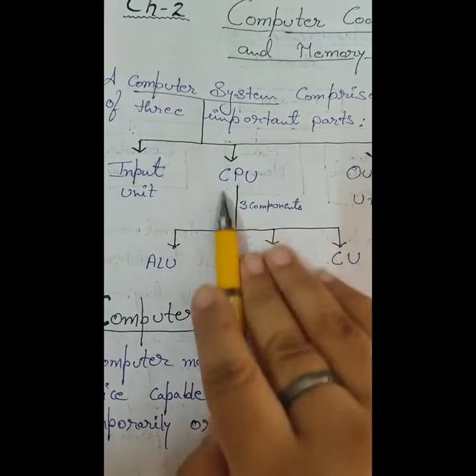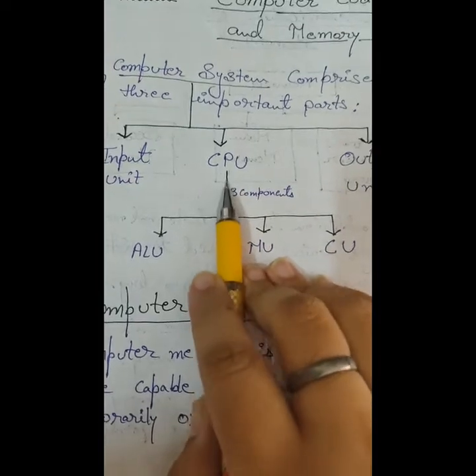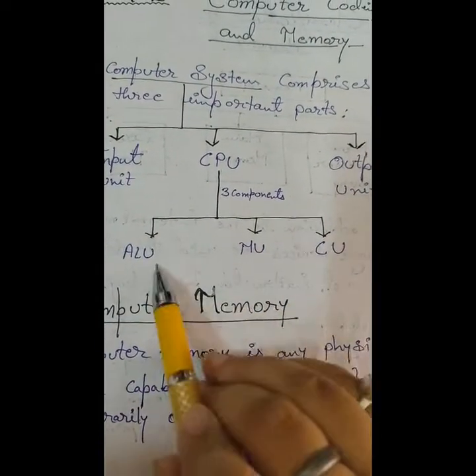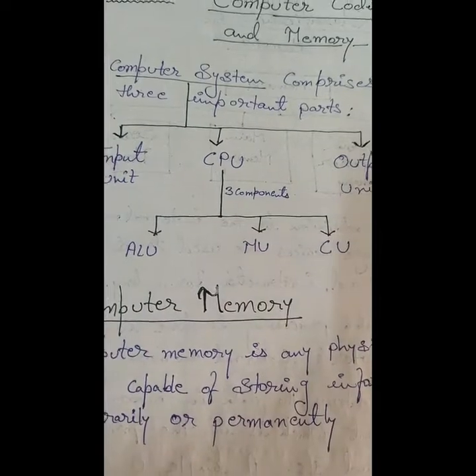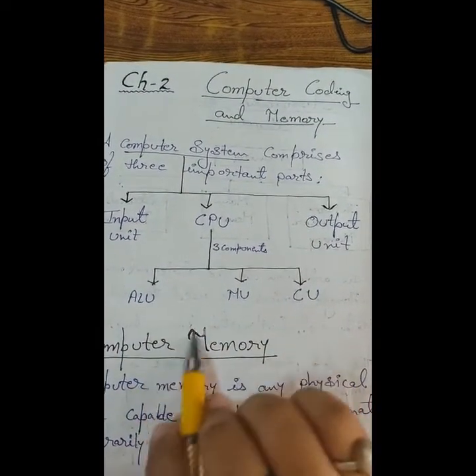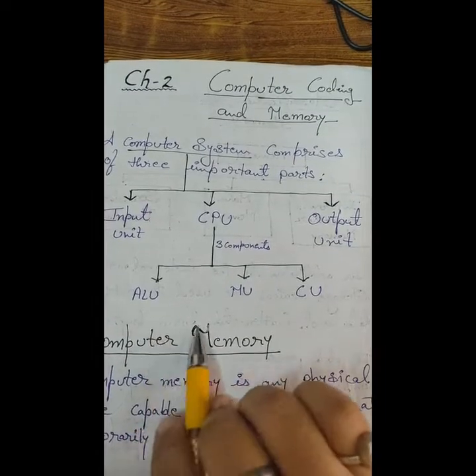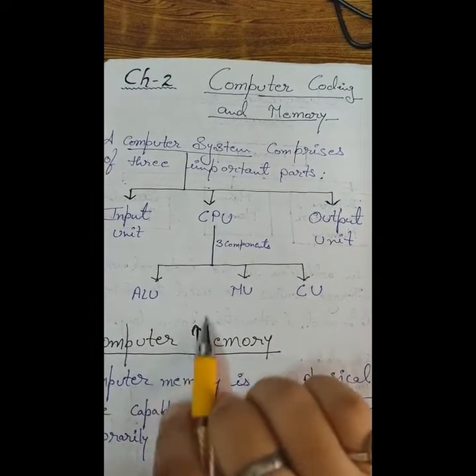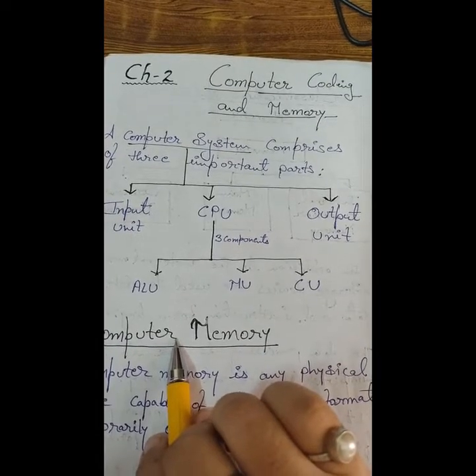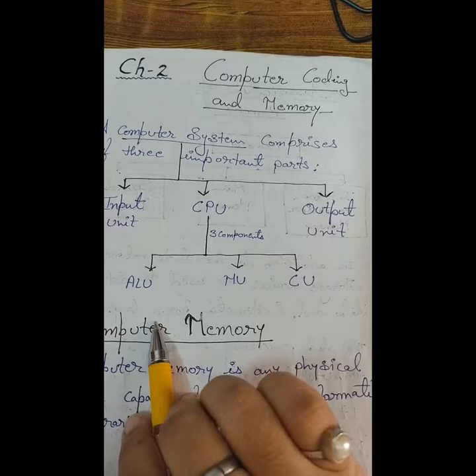This part is used for processing, and you know that it also has three components: ALU, MU and CU. What does the ALU do? This part of the computer system performs arithmetic operations. It does basic mathematical calculations like addition, subtraction, division, multiplication, etc. It can even perform logical functions also.